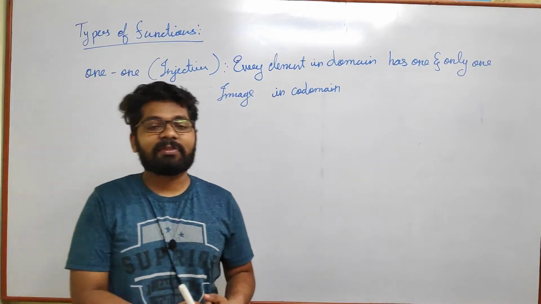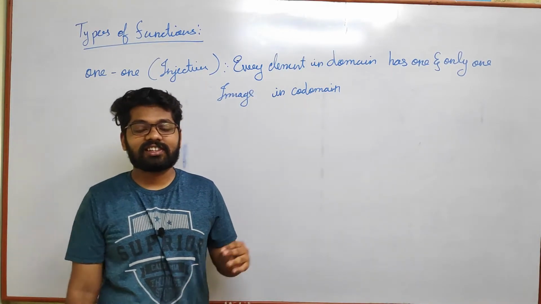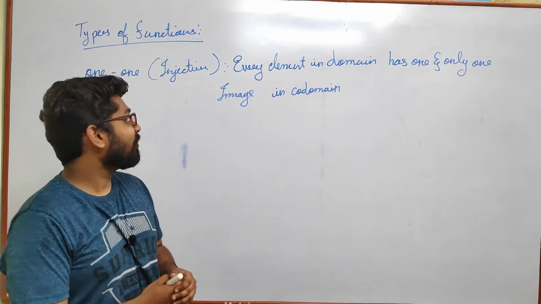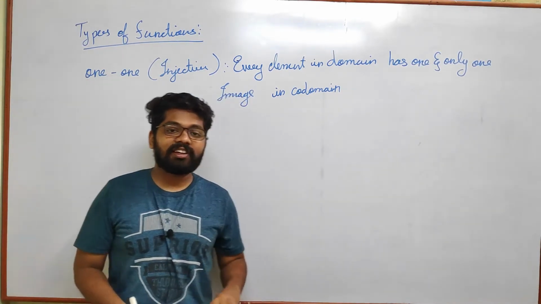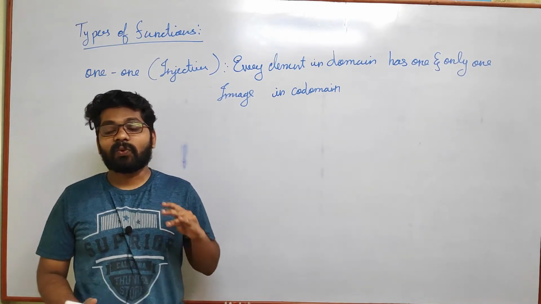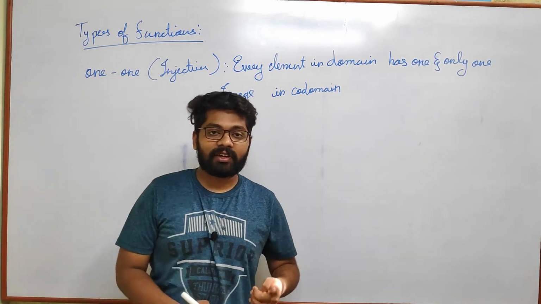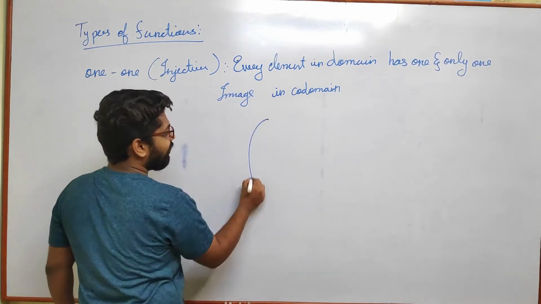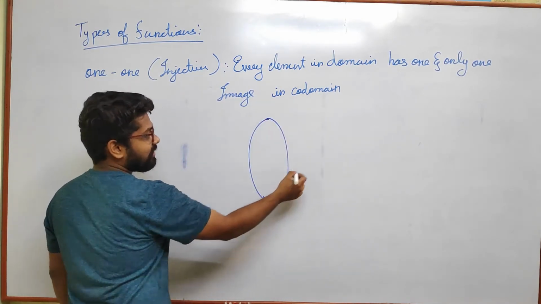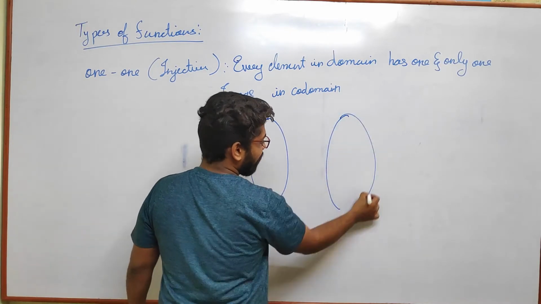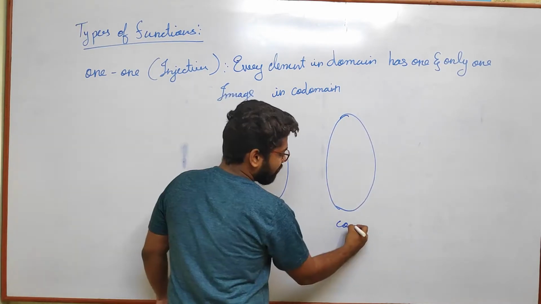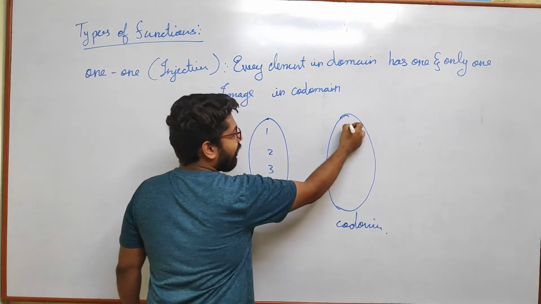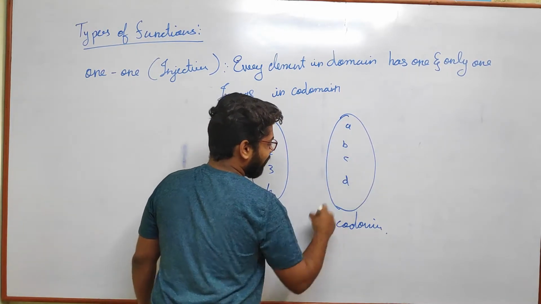So let's study the types of functions. The first type of function is the one-one function. As listed on the board, every element in a domain has one and only one image in the codomain. As studied earlier, the first set is the domain and this is the codomain, and suppose you have 1 2 3 and 4 and a b c d.